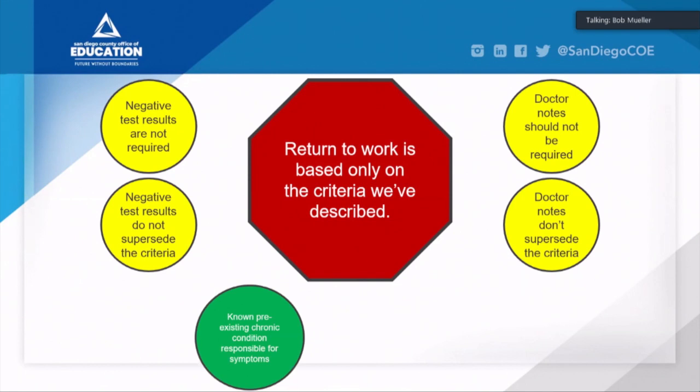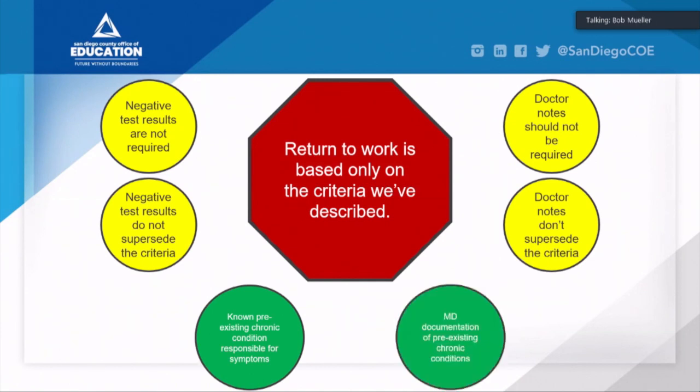Doctor's notes can be helpful with pre-existing chronic conditions. We want to remind you, if you're already aware of a pre-existing chronic condition and the symptom or symptoms you're seeing are consistent with that chronic condition, you and the parents both agree, then you can go ahead and disregard those symptoms.